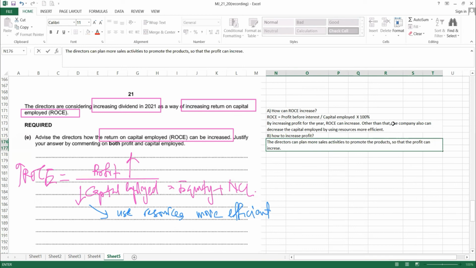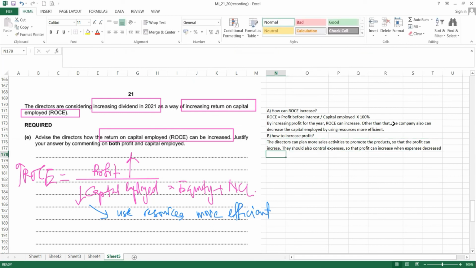Other than that, what the director can do, they should also control expenses, so that profit can increase when expenses decrease. So that is about the increase in the profit.